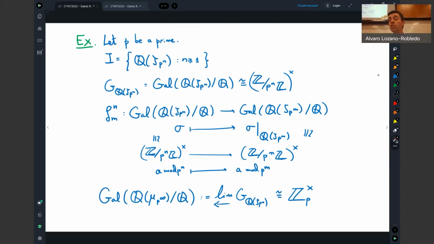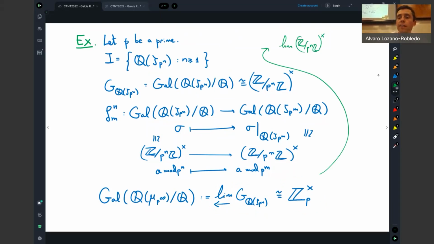Something perhaps for you to prove is that taking units, this little cross, and the inverse limit commute. So one exercise here is that the limit of (Z mod p^n Z)^× is the same as the limit of Z mod p^n Z with the cross outside of the inverse limit.